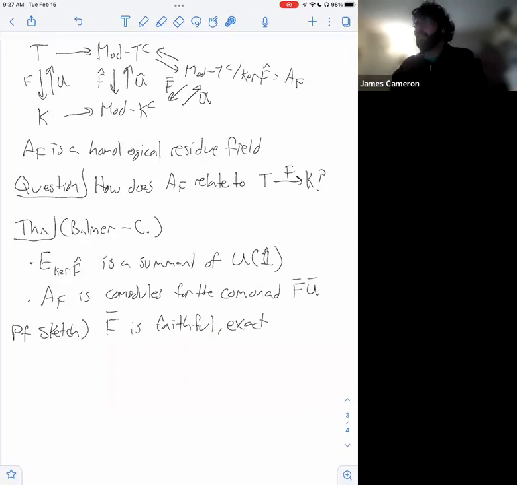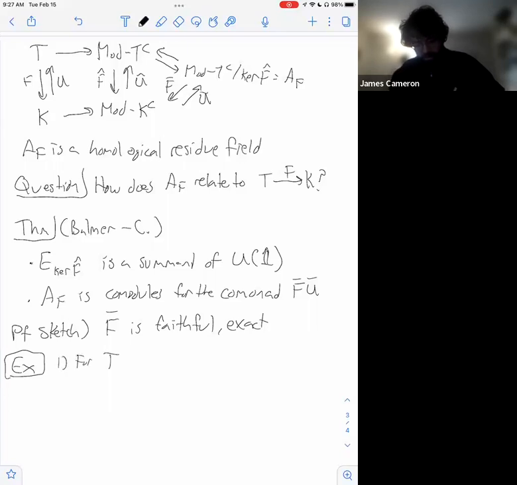Okay, so let me mention some examples here. So in many cases of interest, this U of 1 is indecomposable. It doesn't have any summands. So then that tells you what this would be. So in the stable homotopy category, let's just get 2 examples here.